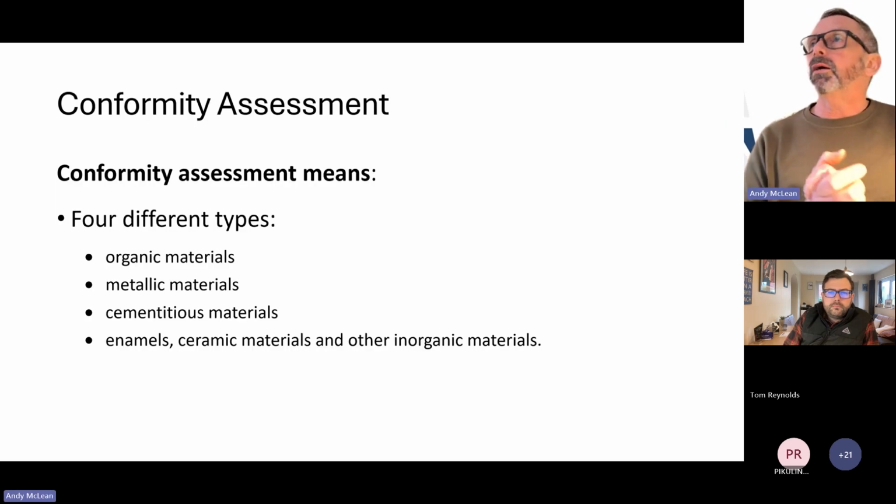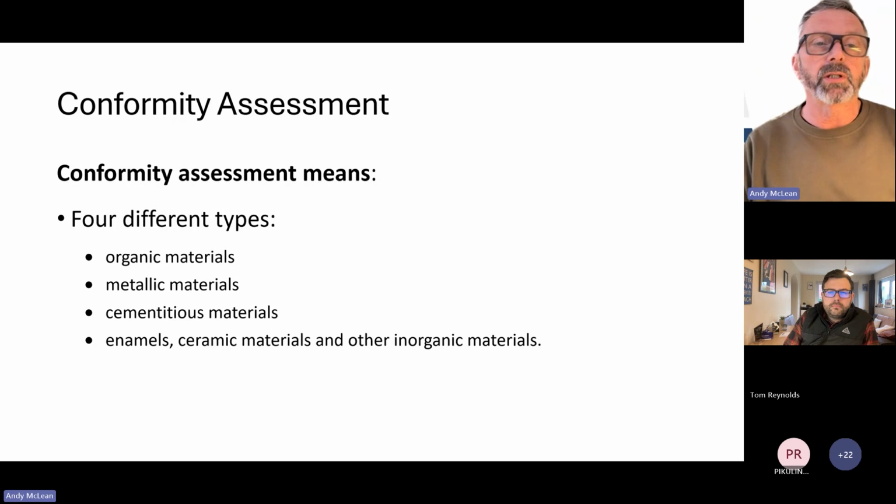So when we talk about conformity assessment under the DWD, there are 4 different types of materials: organic materials, metallic materials, which are the main ones that we're concerned with, I think, within our products. And then possibly the 4th one, enamel ceramic materials that are in contact with drinking water.